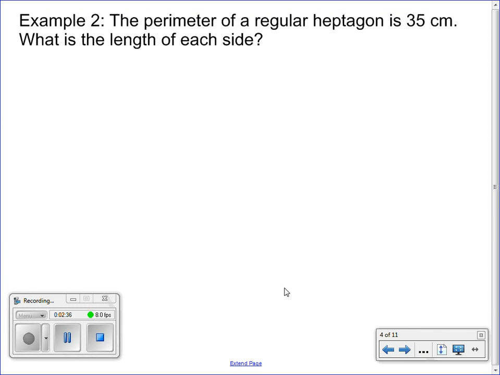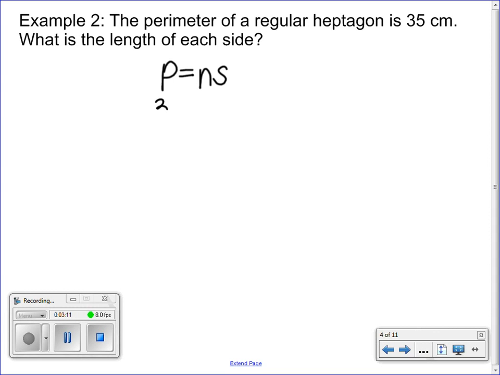Example number 2 does not have a picture. It says the perimeter of a regular heptagon is 35 centimeters. What is the length of each side? So first you have to ask yourself, how many sides are in a heptagon? Heptagon is 7, for those of you who do not know. So we use perimeter equals number of sides times their length.